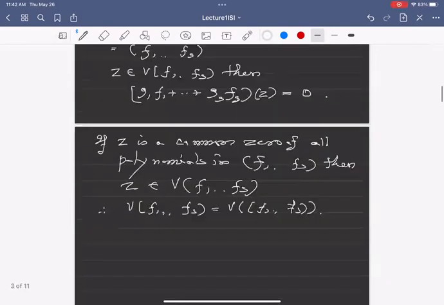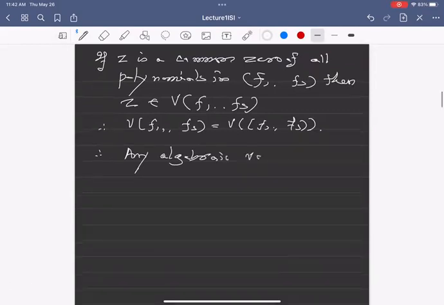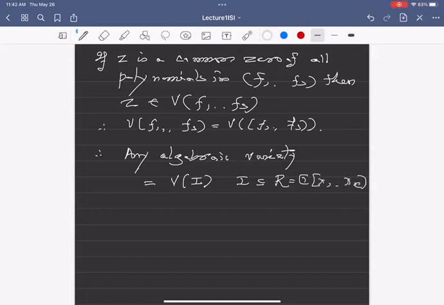Therefore, any algebraic variety is equal to the variety of an ideal I, where I is an ideal in this ring R equal to C[x1, ..., xn].